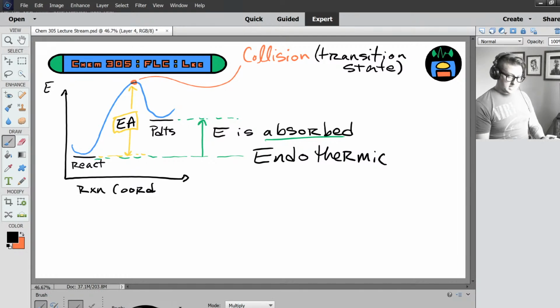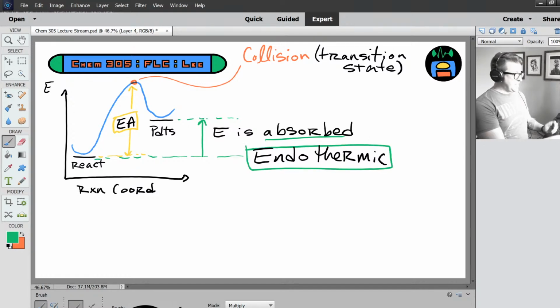All right, the reaction is endothermic. And when you have a reaction that's endothermic, here energy is considered to be a reactant.